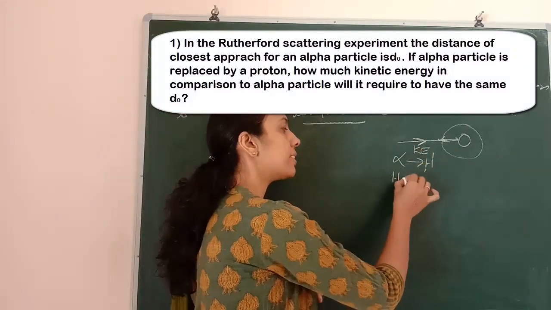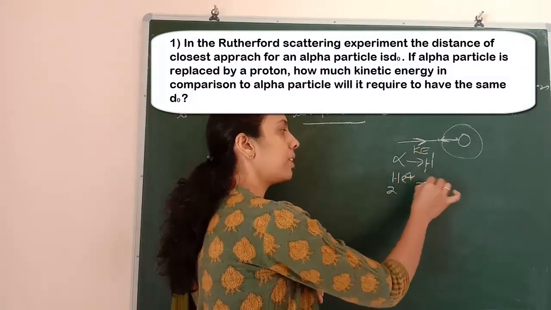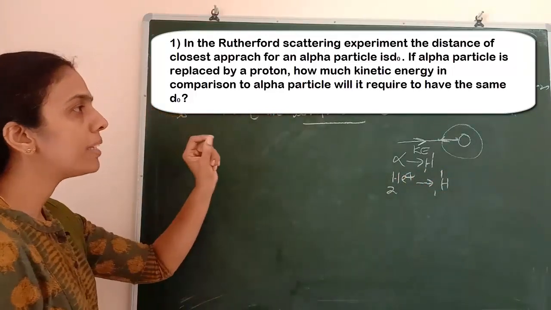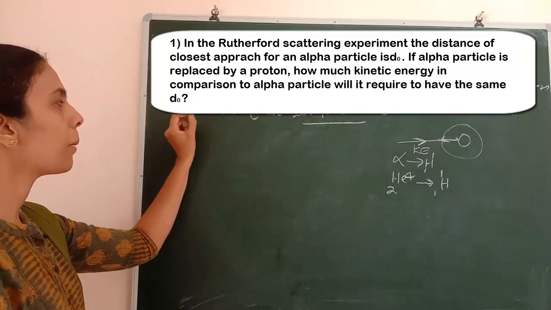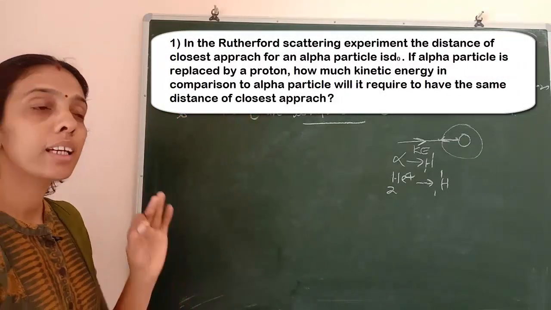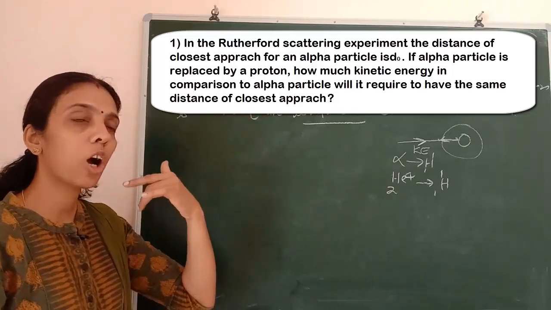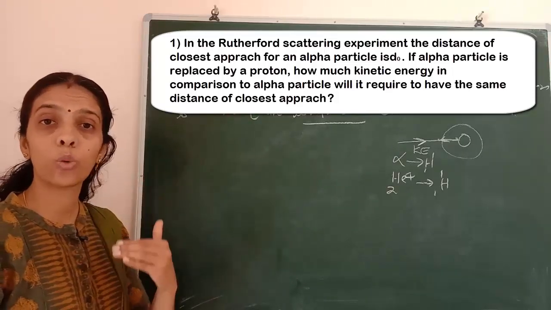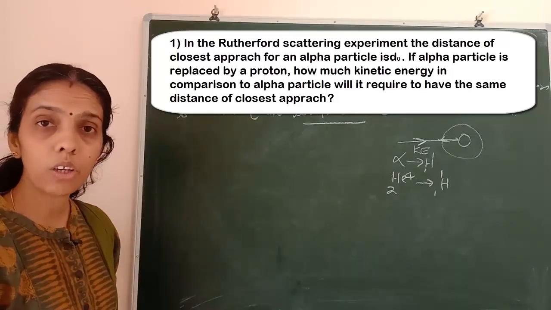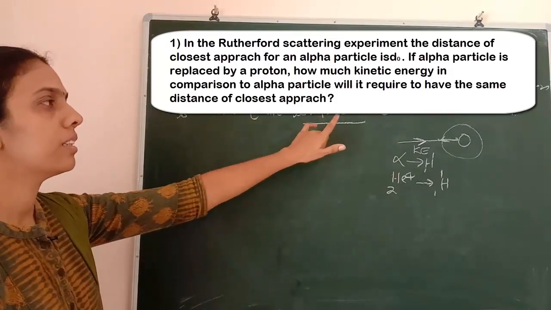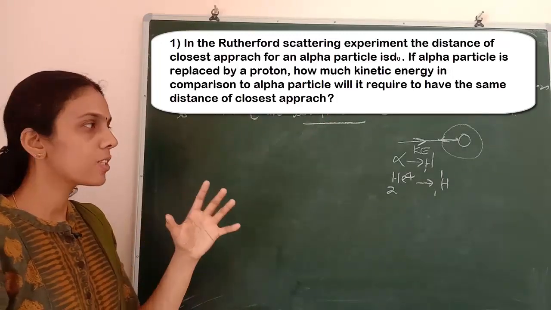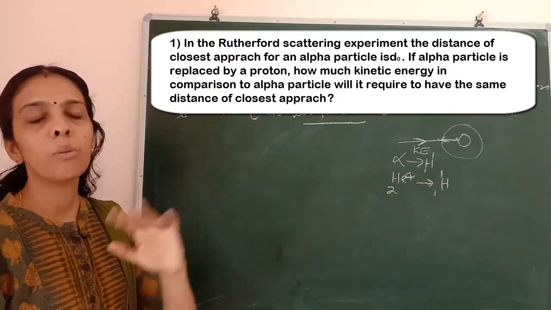Alpha is He 2 4, and the proton is 1H1. How much more or less kinetic energy is required in the case of the alpha particle and the proton for the same distance of closest approach?